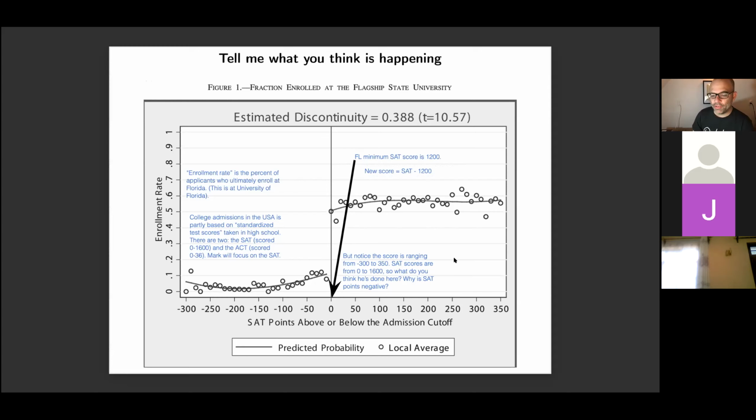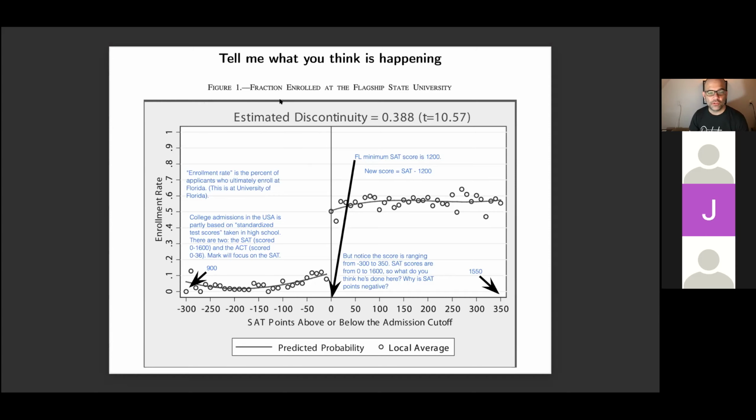So if you got a 1550, then you were right there. If you got a 900, you were right there. So what he's done is the admission cutoff. Yes, thank you, Sasha. That's right. It's the admission cutoff.